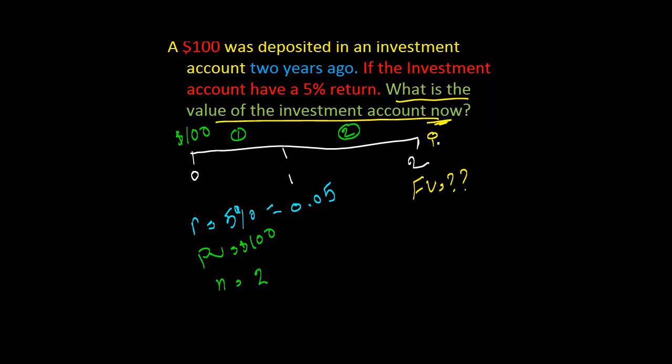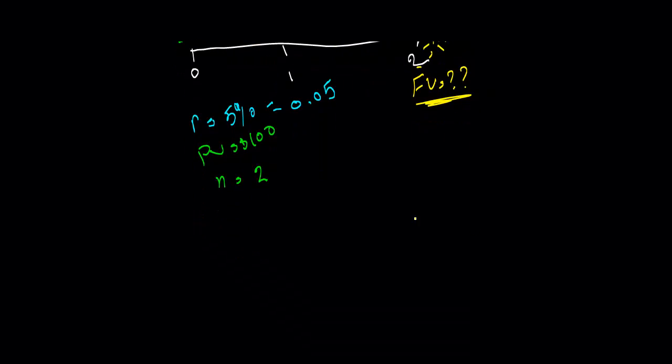So we're at this time period and we're trying to figure out what is the value of the investment account. And we all know that our future value is equal to our present value multiplied by 1 plus r to the power of n. Our present value is $100.